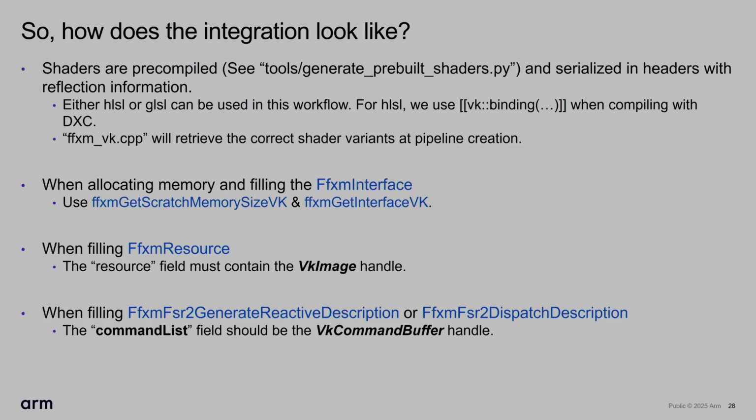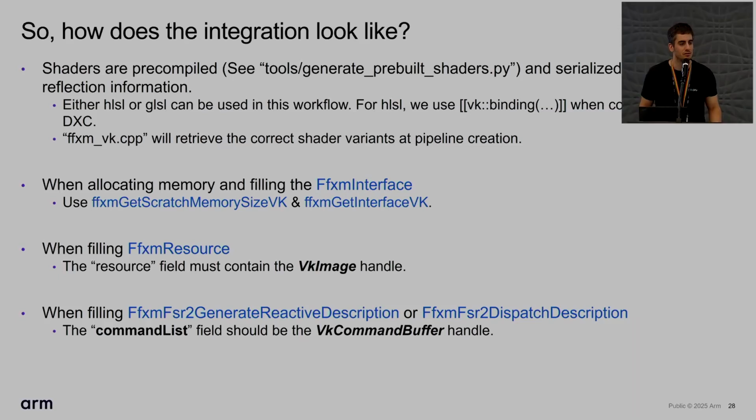In terms of how you initialize things, just call these functions. The first function requests how much memory you have to allocate for the scratch buffer. The second function fills the interface with the relevant function pointers with all the callbacks for the Vulkan code.